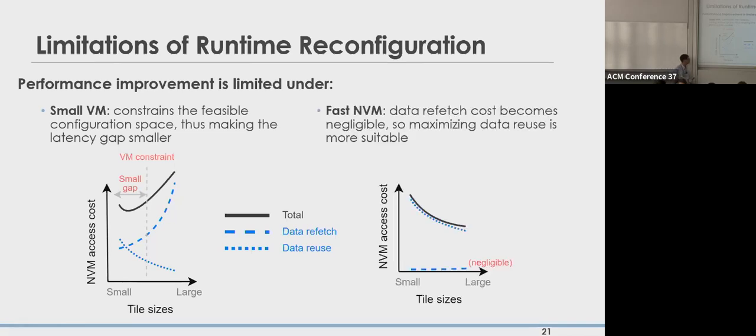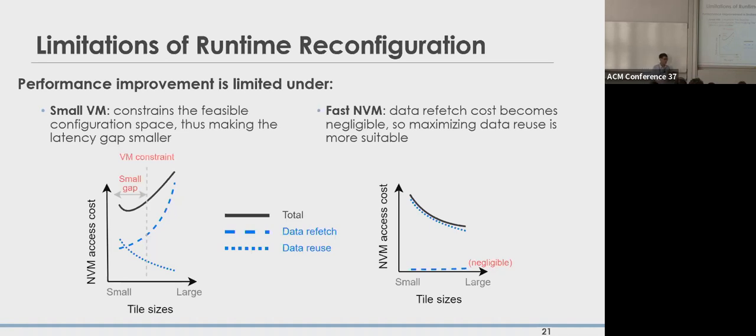And another case is when the non-volatile memory access is very fast. In this case, the data refetch cost may be negligible because even though we fetch much data from non-volatile memory, the overhead is still quite low. So data reuse cost is similar to the overall cost, and maximizing data reuse is already feasible and suitable for intermittent systems.